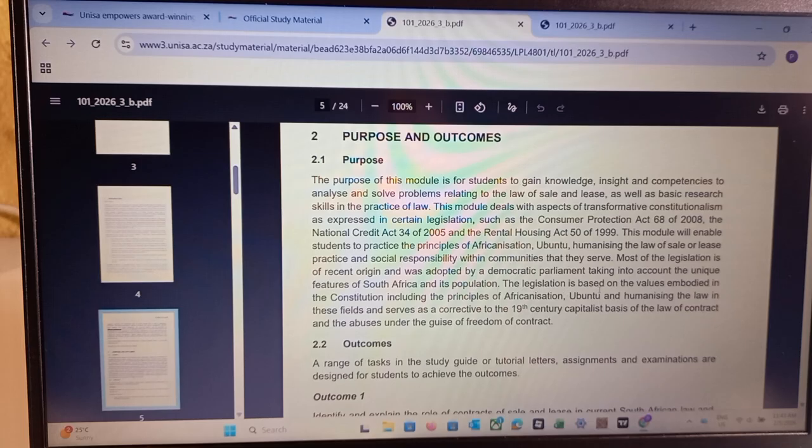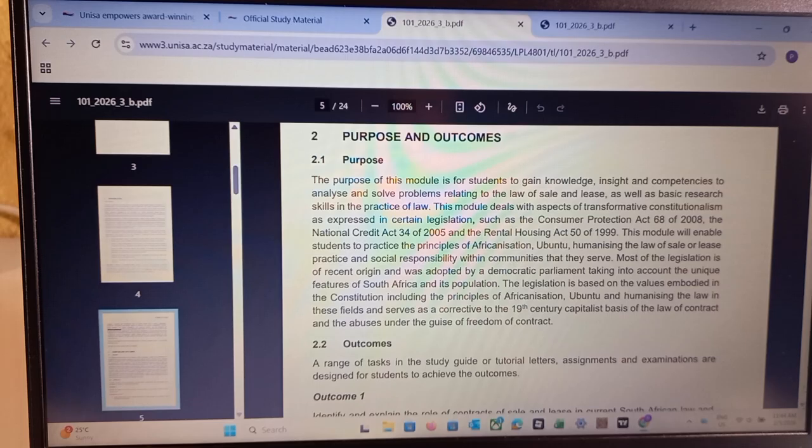The legislation is based on the values embodied in the Constitution, including the principles of Africanization, Ubuntu, and humanizing the law in those fields, and serves as a corrective to the 19th century capitalist basis of the law of contract and the abuse under the guise of freedom of contract.